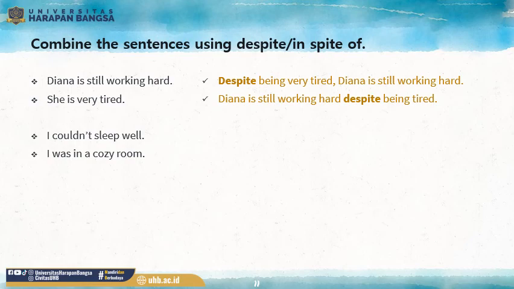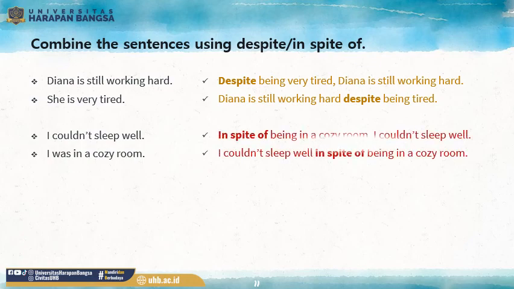Kita ubah menjadi bentuk gerund. Ada bentuk to be was ya. Kita ganti menjadi being. Jadi kalimatnya menjadi, in spite of being in a cozy room, I couldn't sleep well. Or, I couldn't sleep well in spite of being in a cozy room.